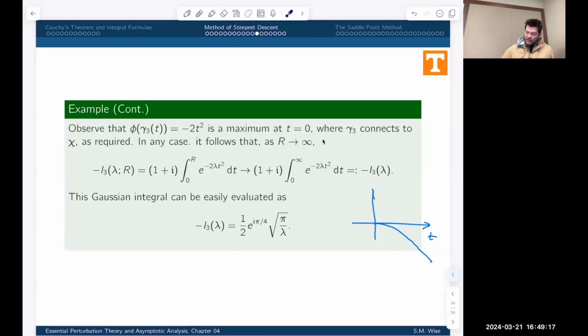I3 is what I'm calling the contour integral where r is sent off to infinity. So rather than write lambda comma infinity, I'm just going to drop the infinity reference. So minus I3 of lambda, that's the one we need, because again, the bridge contour goes to 0. So ultimately it's this guy that's going to be of interest to us. Minus I3 of lambda is this piece right here.